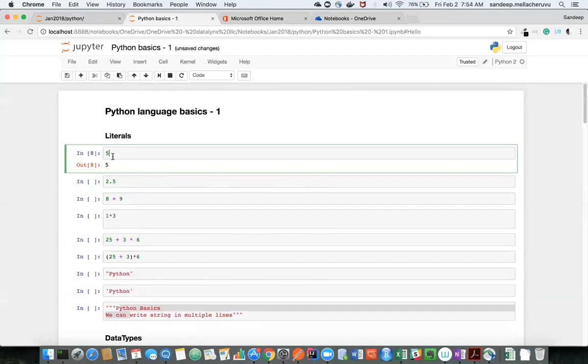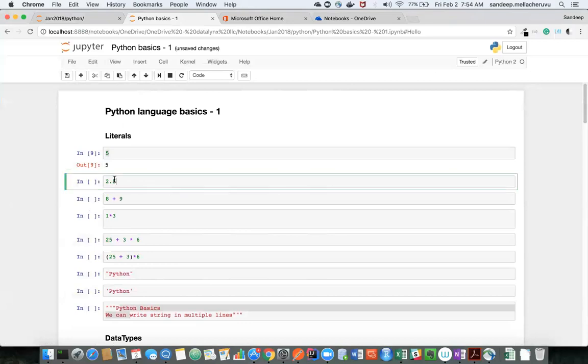So for example, 5 is a literal. It is called an integer literal because it is an integer, which means it doesn't have any decimal points. Python also has other literals. If I do control enter, like I said earlier, it will execute that cell and come to the next cell.